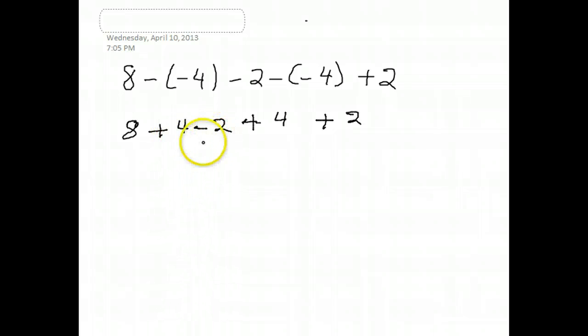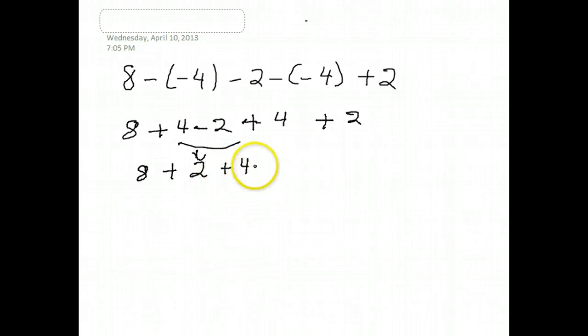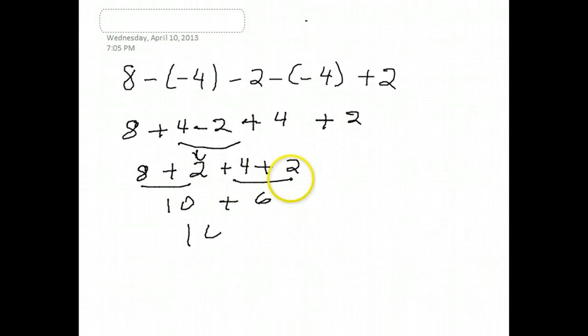So 4 minus 2 is 2, so I can rewrite this as 8 plus 2, plus 4 plus 2. And 8 plus 2 is 10, 4 plus 2 is 6, so that gives me a total of 16. Okay, so that's how you work with numbers where there are negatives outside the parentheses and negatives inside the parentheses.